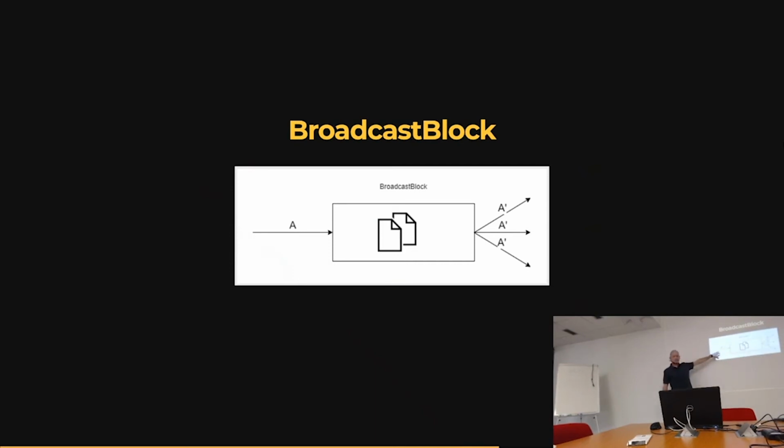This is because the broadcast block knows that the next blocks might mutate the values, and that would be a danger because of the concurrency in the blocks. So what you should do is to copy the value, to make several copies of A and send them to the different blocks. And the broadcast block itself accepts a delegate that should copy or clone the value.